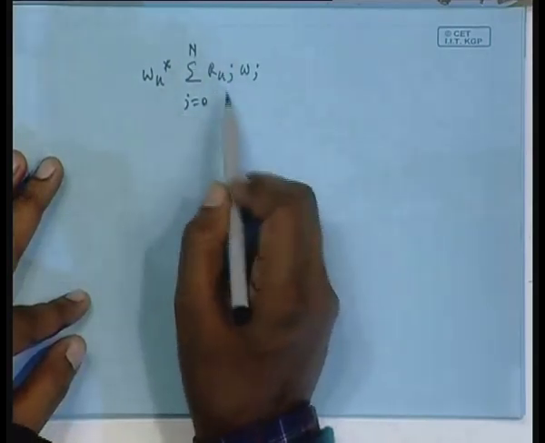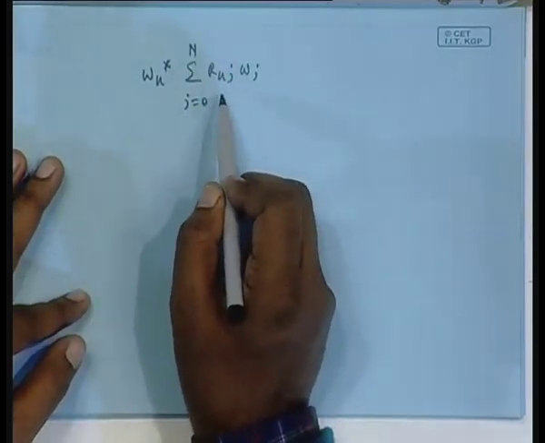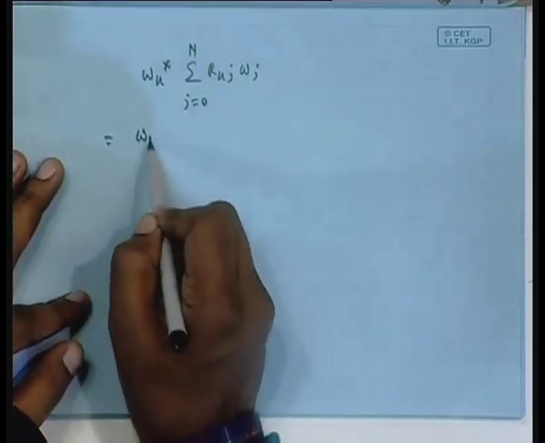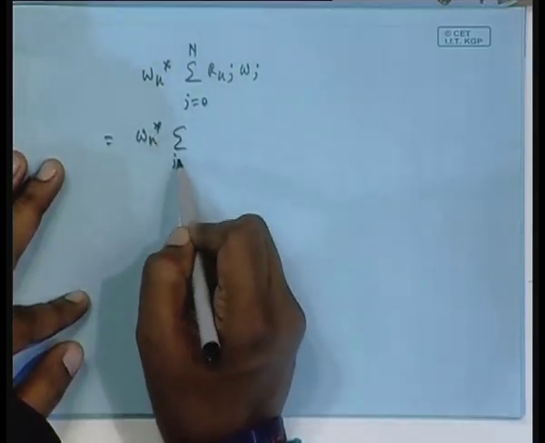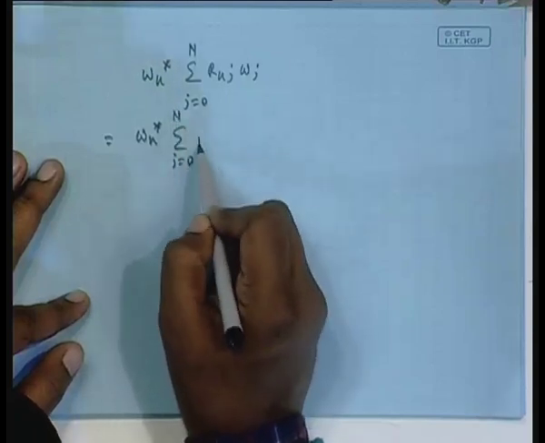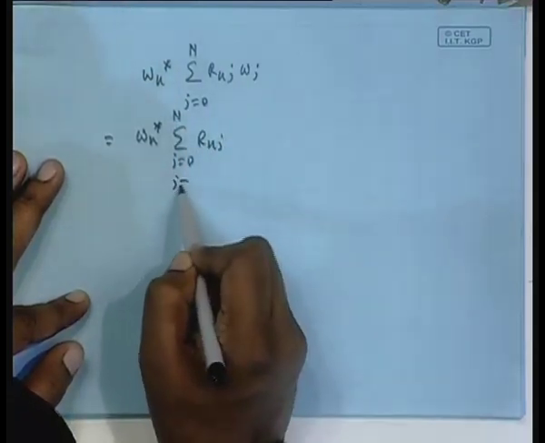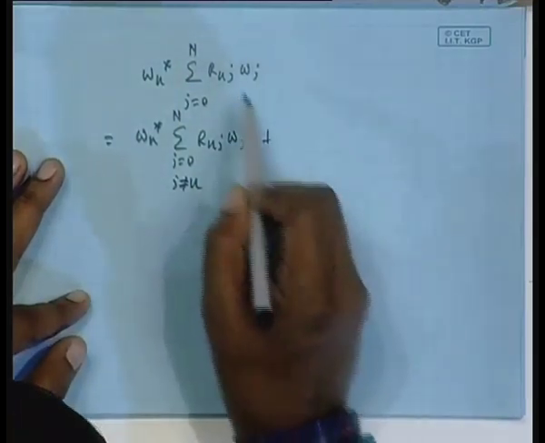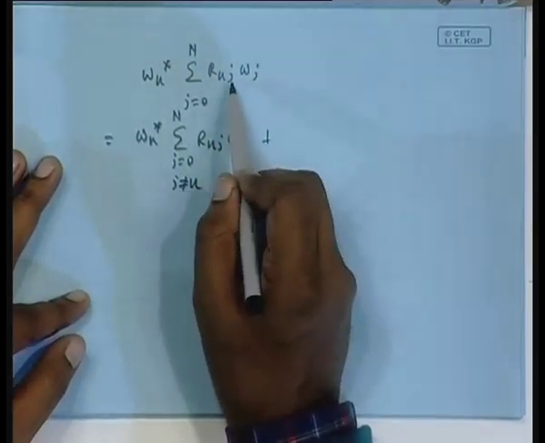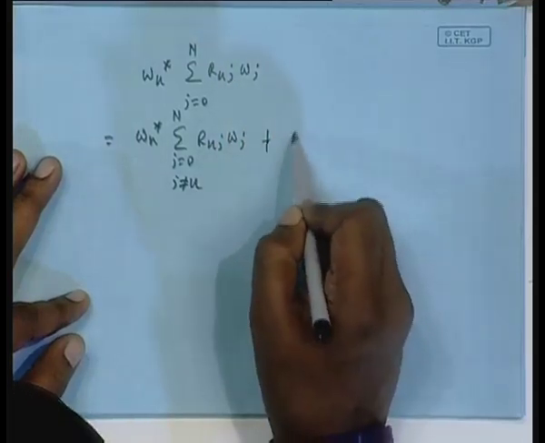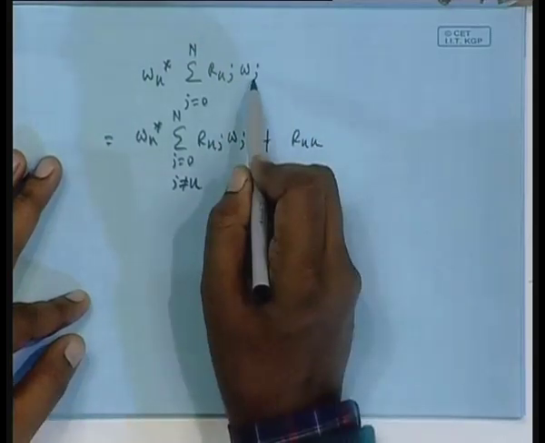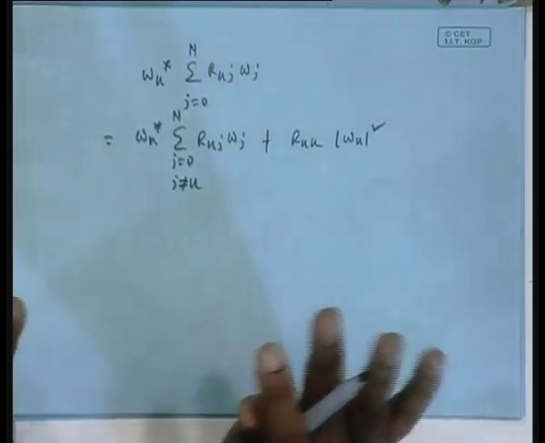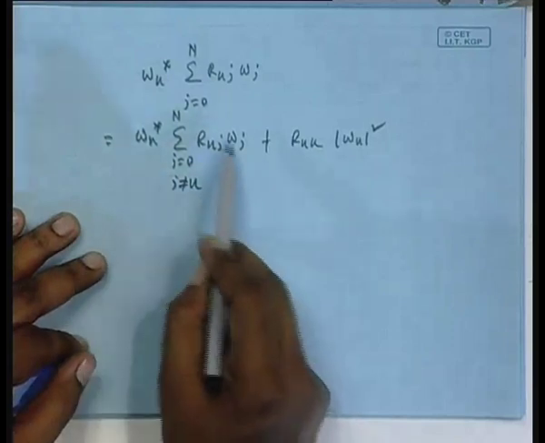Once again, if you take out the k separately out of the summation, what you have is j not equal to k, Rkj wj, plus the j equal to k case, Rkk wk, here wk star, which means mod wk square. Okay. First differentiate this.